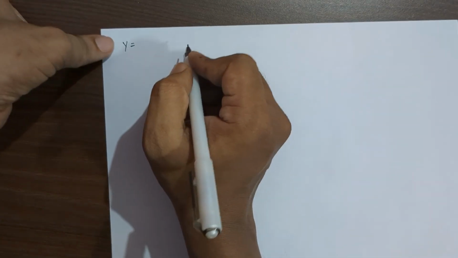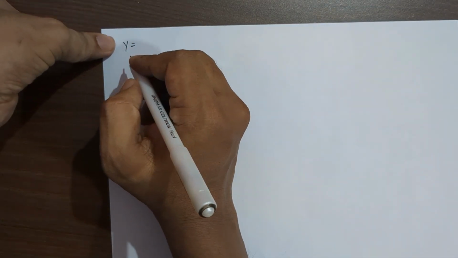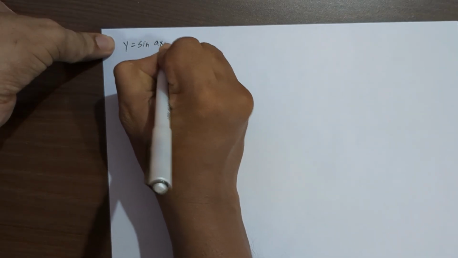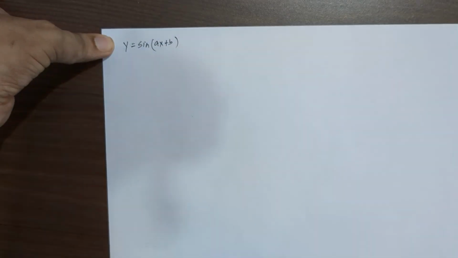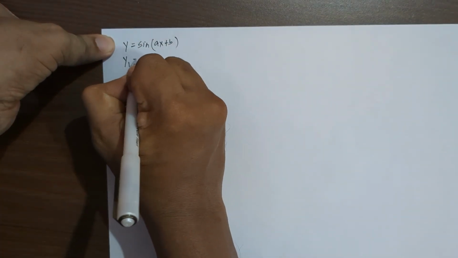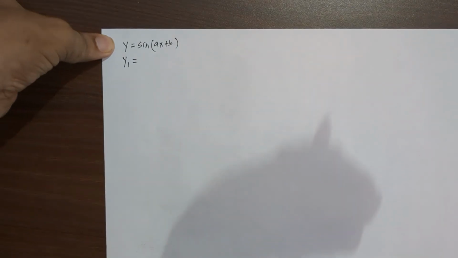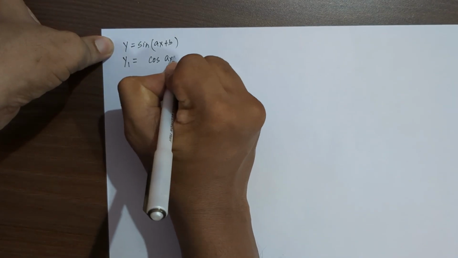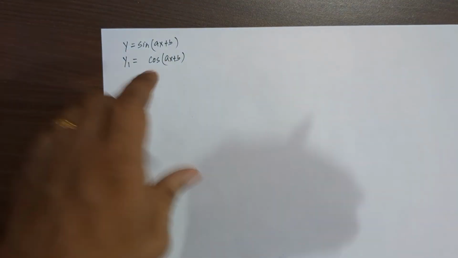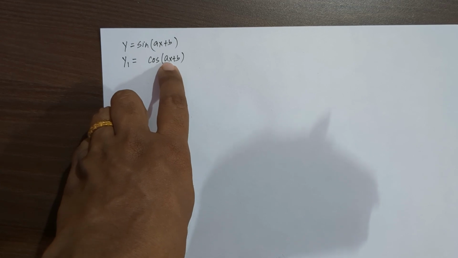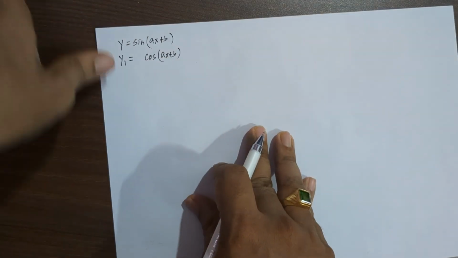Let us find the nth derivative of y, which is sine of ax plus b. Obviously a and b are constants. For its first derivative we will apply the chain rule. Derivative of sine is cosine of ax plus b, and derivative of ax plus b: b is constant, derivative is 0, and derivative of ax is a.